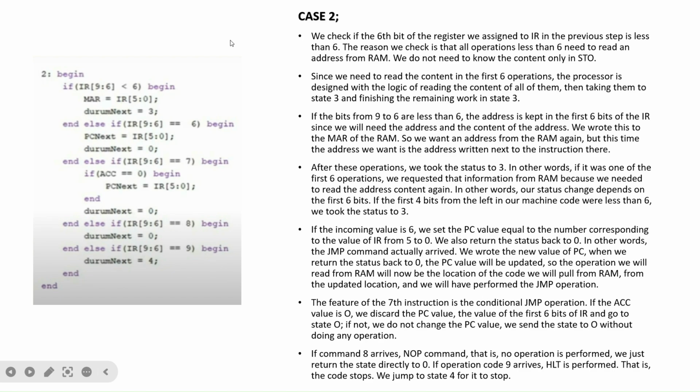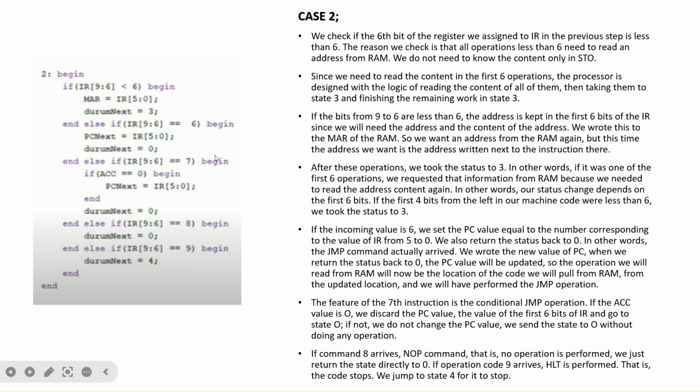Case 2. We check if the opcode bits, bits 9 to 6, of the value we assigned to IR in the previous steps are less than 6. The reason we check is that all operations less than 6 need to read an address from RAM. We do not need to know the content only in STO.